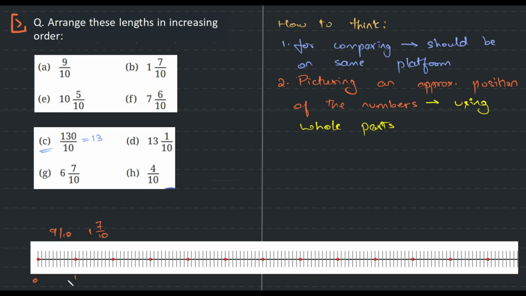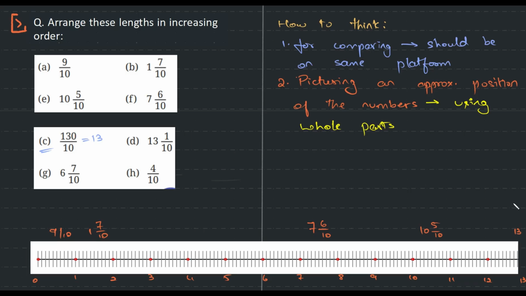10, 5 by 10. So that will be 2, 3, 4, 5, 6, 7, 8, 9, 10. So it will come over here, 10 and 5 tenths. 7 and 6 tenths, it's roughly over here. 13 is 11, 12 and 13. It's somewhere over there.